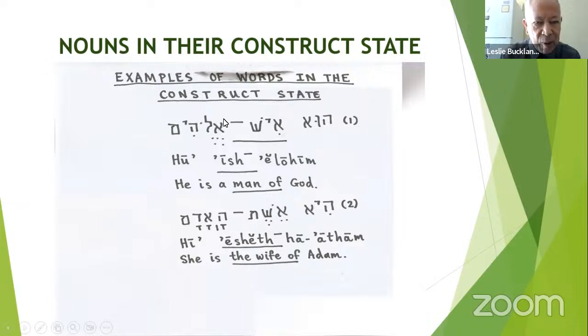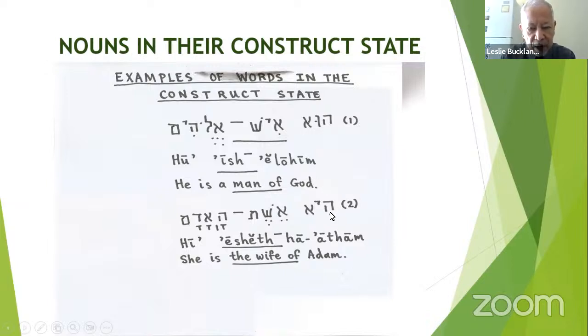There's another noun coming after it that will further explain who this ish is. So in encircling the answer of words that are in the construct state, include the makaf, the binder, which connects one noun to another. Ish, and here's the line again, Elohim, he is a man of God.